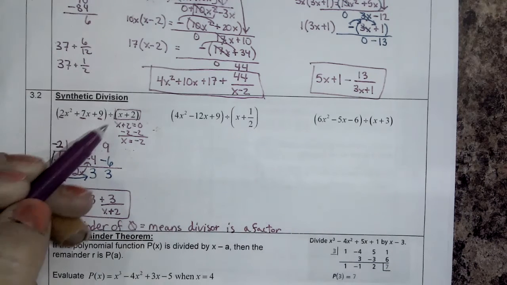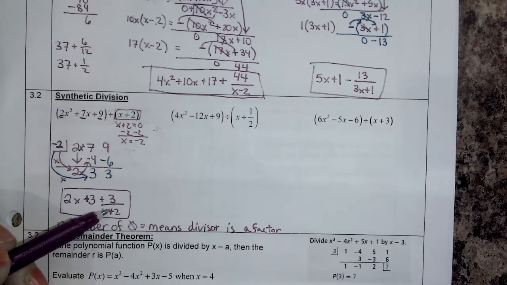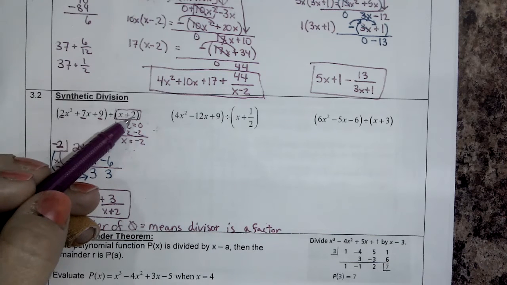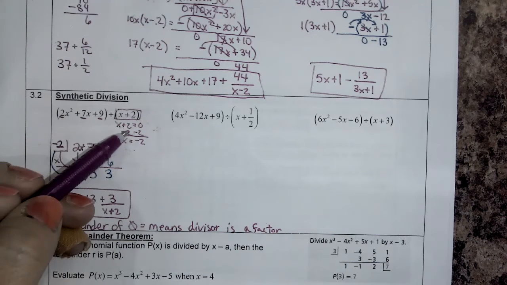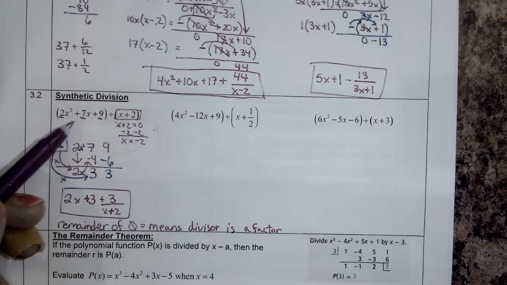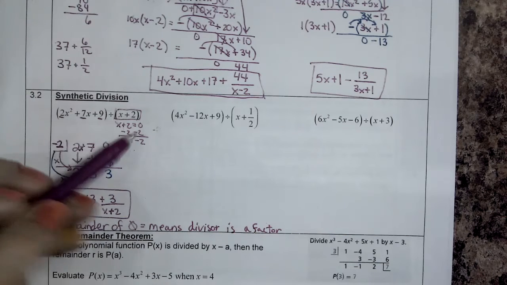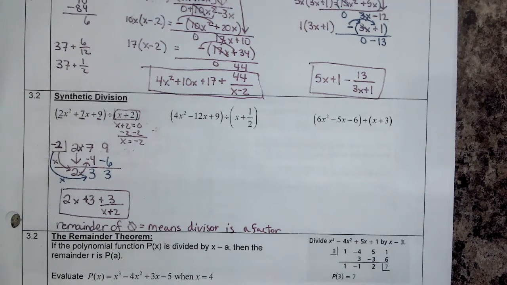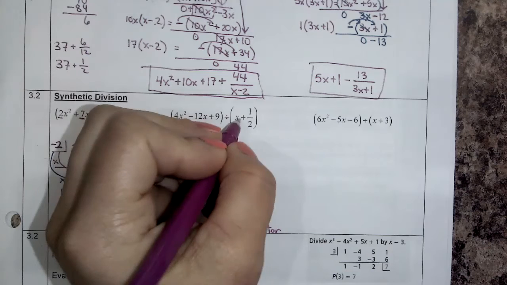In other words, if I got a 0 remainder here, that would mean that x plus 2 is a factor. That would mean that x equals -2 is a 0 of this. Okay, in this case, you see I didn't, so I can't do that. Okay, so let's go on ahead and solve this one.